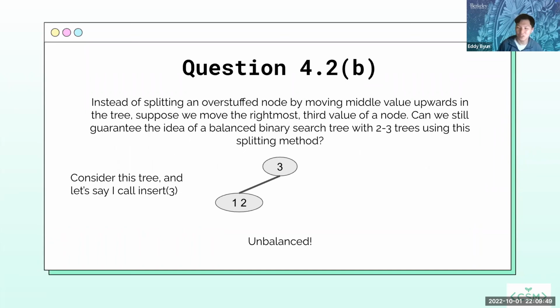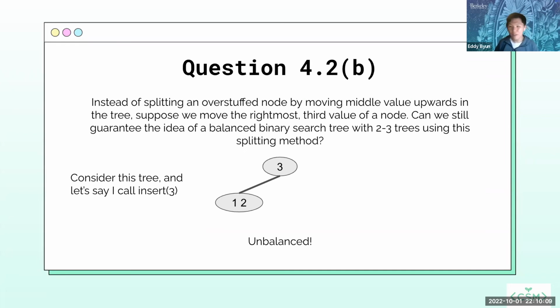So this is kind of like the counterexample that says that, hey, we can't use the splitting method to create a balanced search tree. But conceptually, how does this work? Well, when we're splitting the middle value up, we're kind of naturally creating a balanced left and right branch because we're using the middle value.